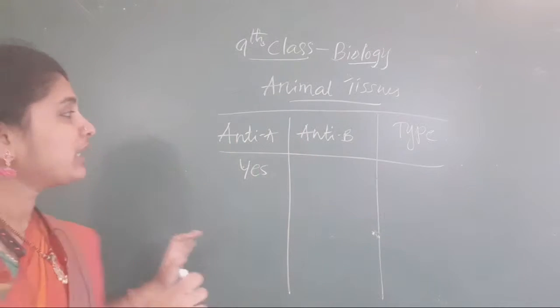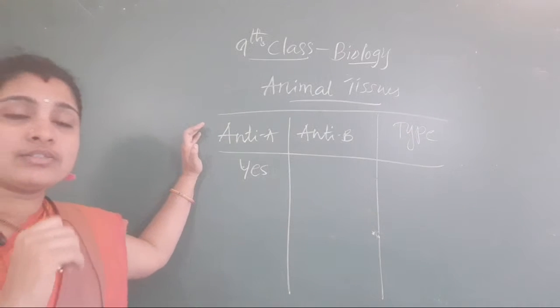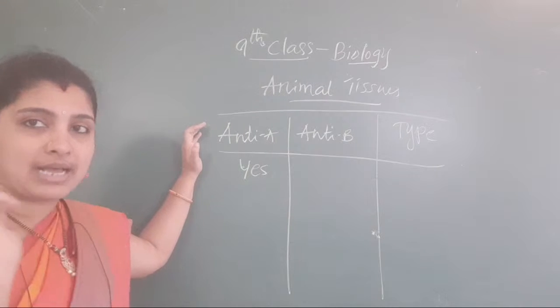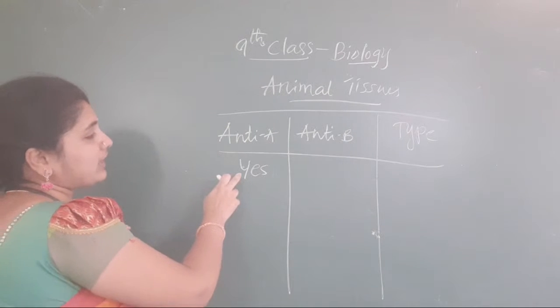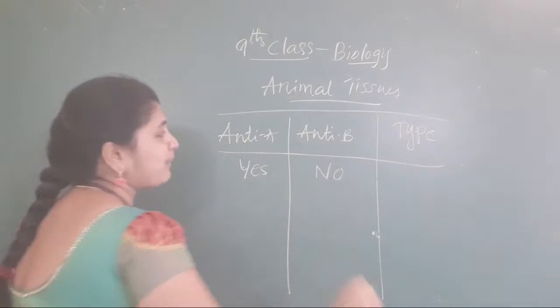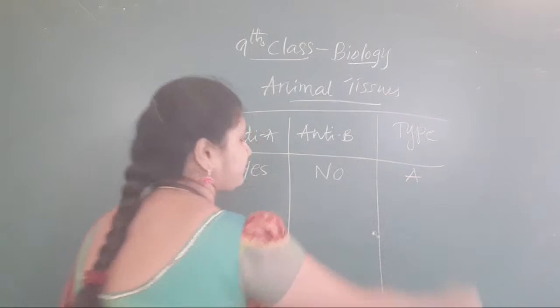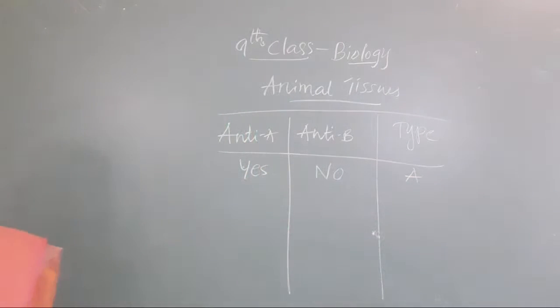If in the anti-A box we are watching clumps, then you have to write yes. If in the anti-B it is not produced, no, then the blood group we are confirming is A blood group.